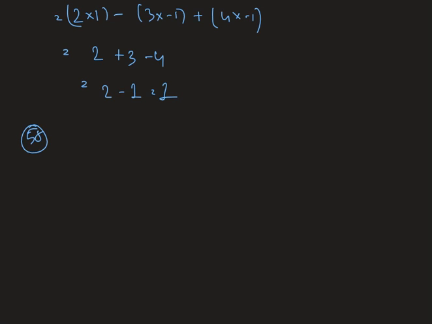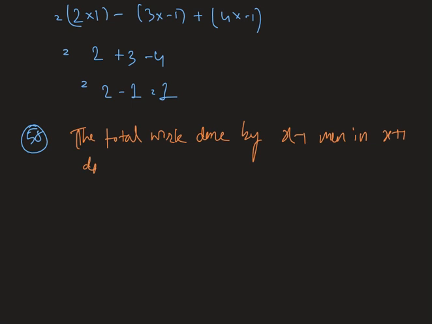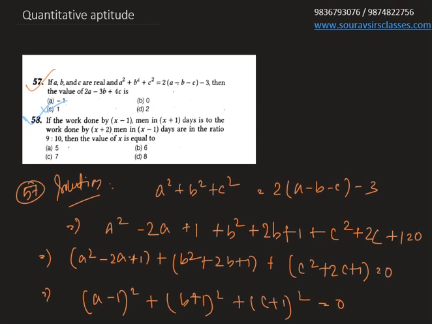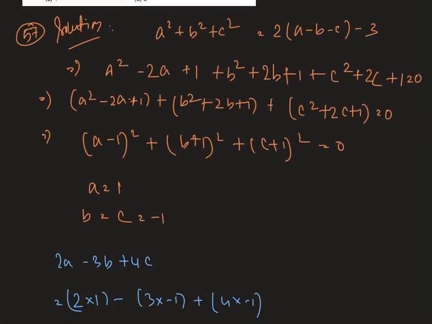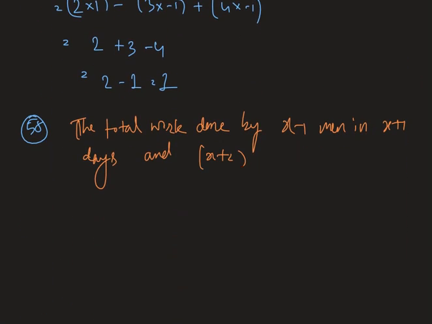By the question, the total work done by x minus 1 men in x plus 1 days and x plus 2 men in x minus 1 days are in ratio 9:10.